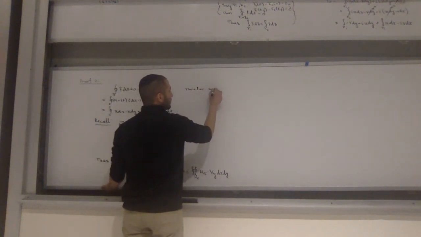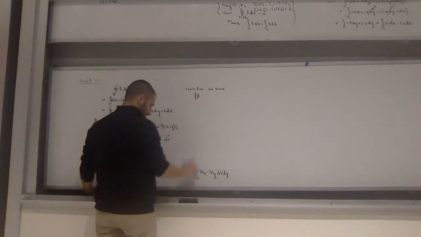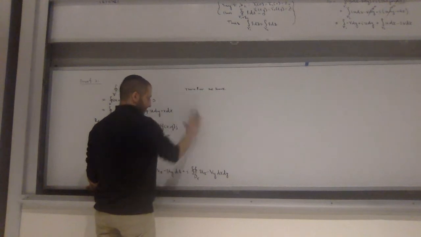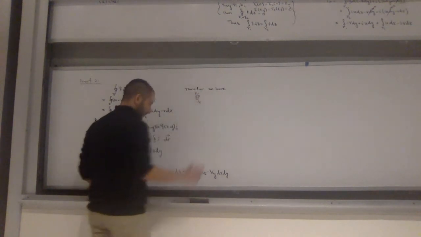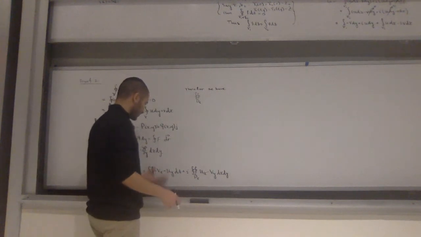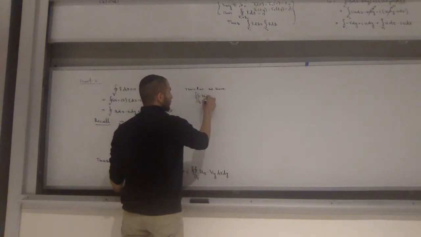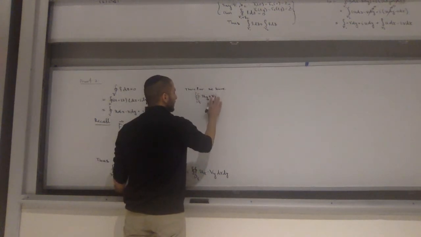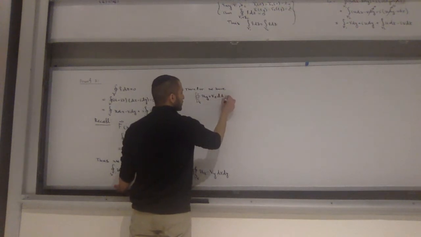Therefore, we have that the double integral over D gamma of, well, the minus sign doesn't matter anymore, we can just get rid of it because it equals 0 anyway, of u sub y plus v sub x dA equals 0.